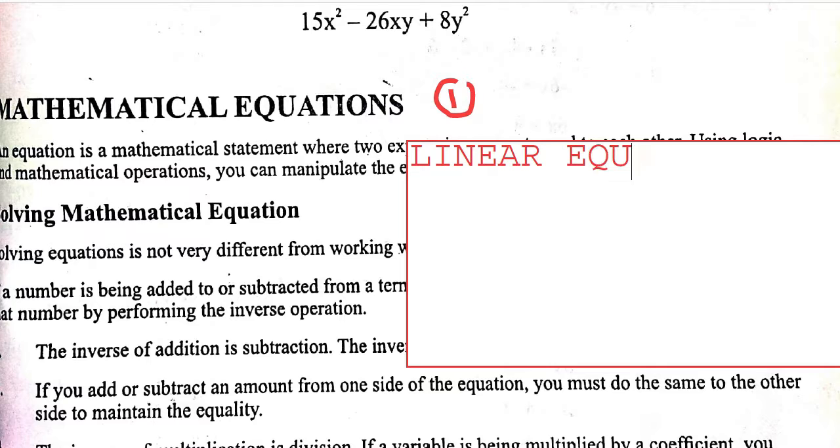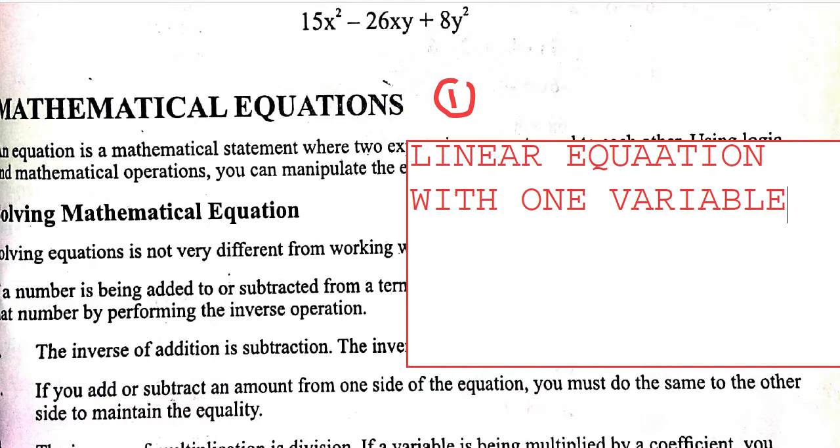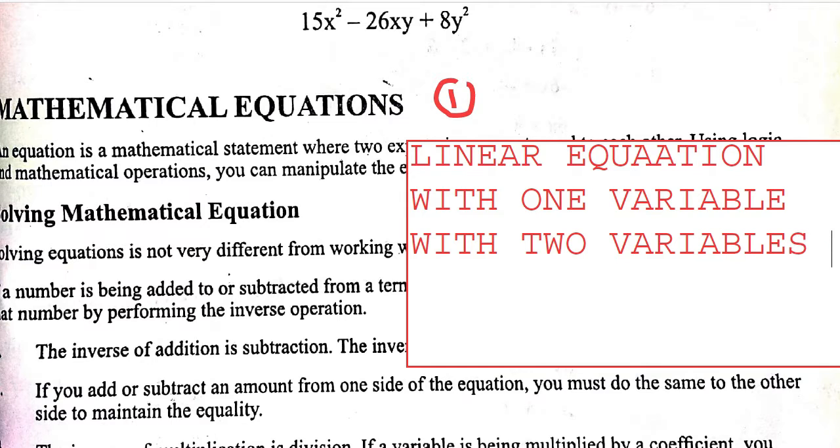Linear equation, we can simply write as with one variable, this is the first type, and with two variables, and similarly with more than two variables.